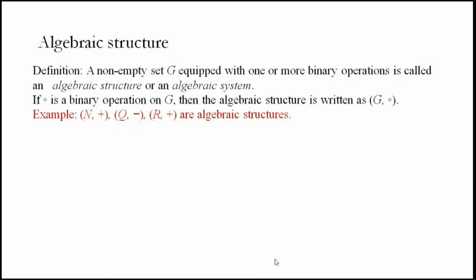So here N is a set, Q is a set, and R is a set. Some binary operation is going to be performed on these. Whenever you use this binary operation, it has to have properties such as commutative property, associative property, and distributive property.